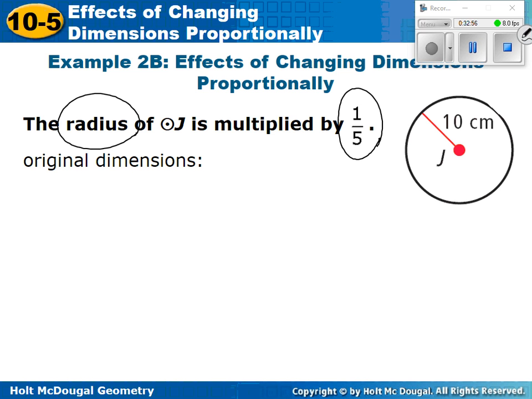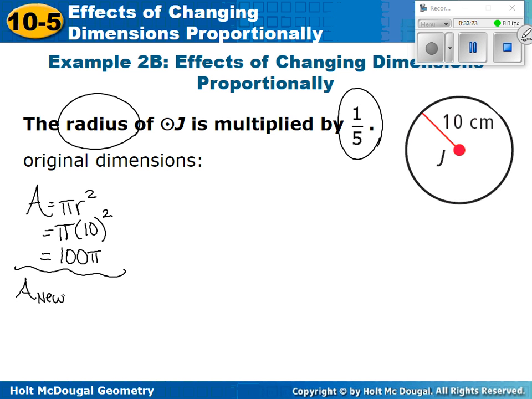So area, you said was pi r squared. According to the picture, what's the radius? 10. So plug it in. Pi times 10 squared. What's 10 squared? 100. So the original area would have been 100 pi. But we're going to take the radius now and we're going to multiply the radius by 1/5. So we're going to find the new area if we multiply this by 1/5.